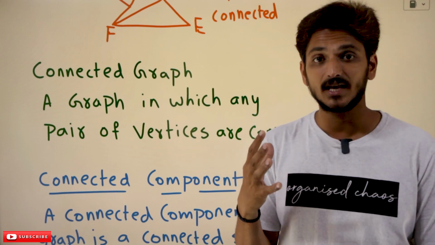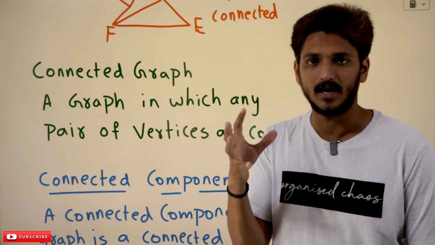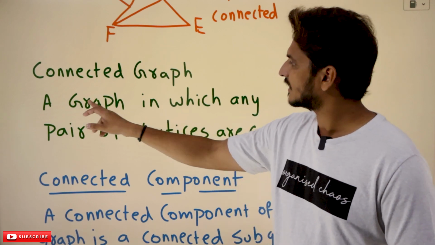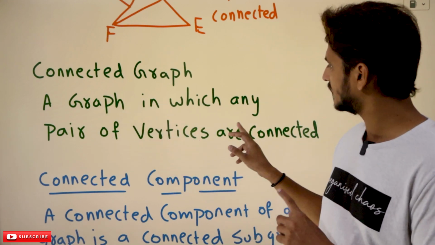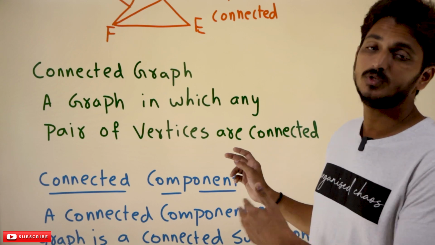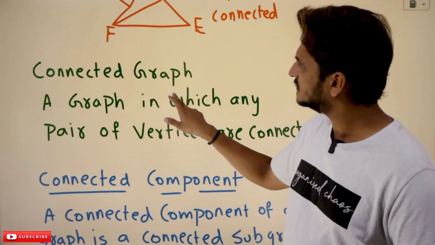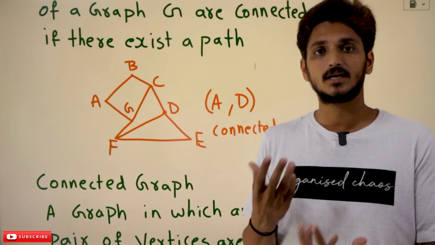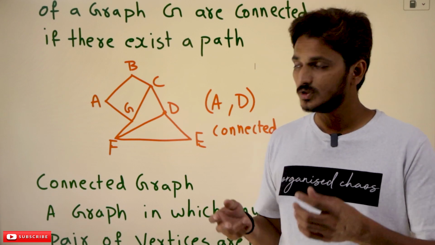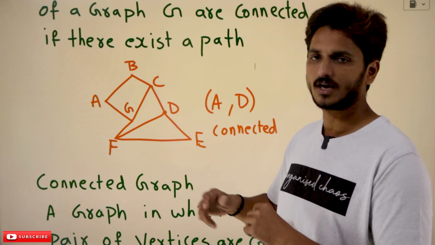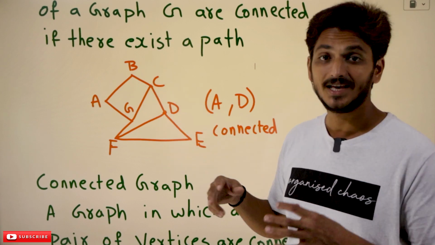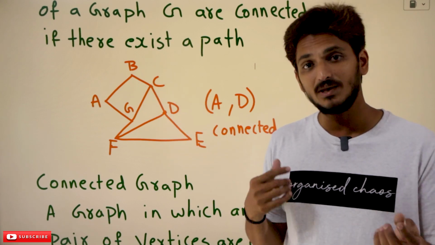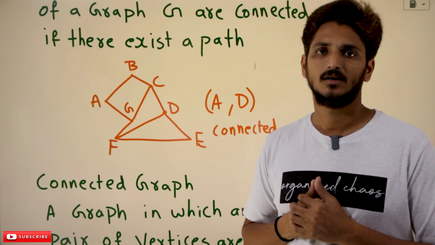Similarly, our next definition is a connected graph. When we say a graph is connected, it means a graph in which any pair of vertices are connected. This graph is a connected graph. Why? Because you take any pair of vertices in this graph, AD, AB, CG, BC, there is a path between any pair of vertices.